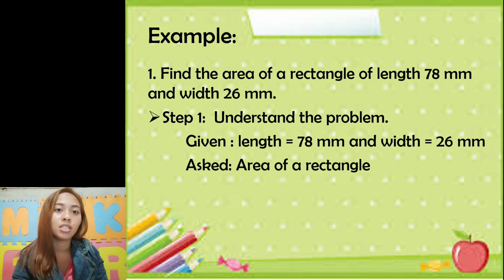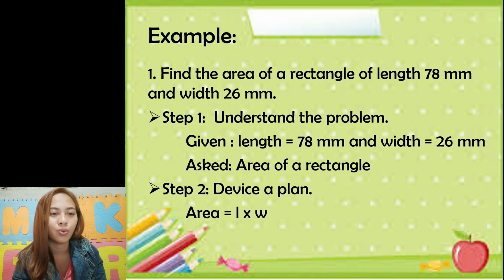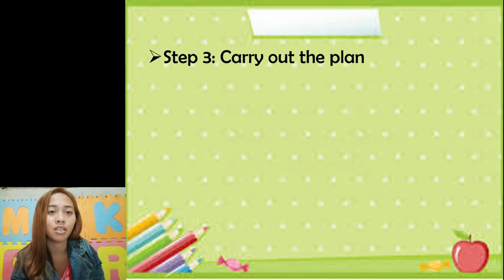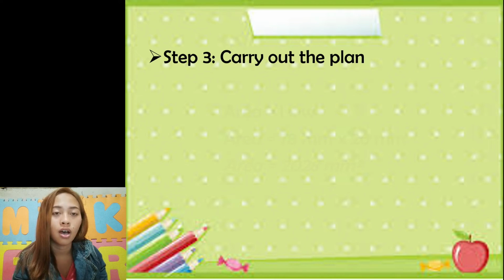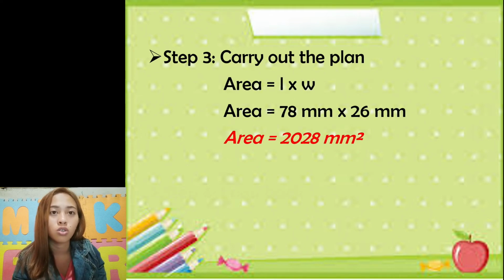Step 2, devise a plan. We all know that in finding the area of a rectangle, the formula is length times width. In step 3, carry out the plan. Since the given are length and width, area equals 78 times 26.